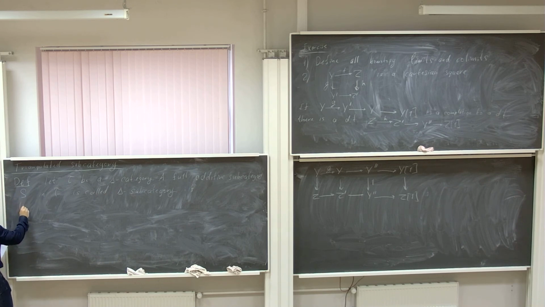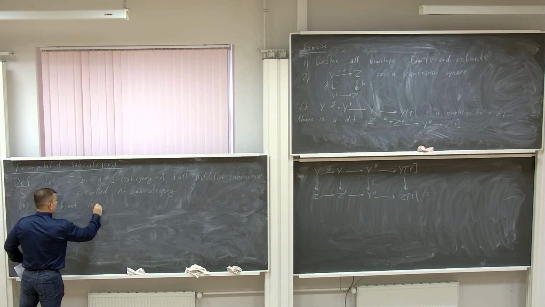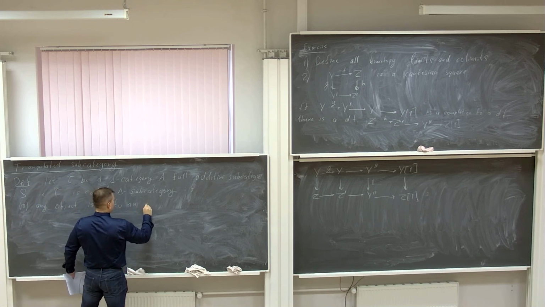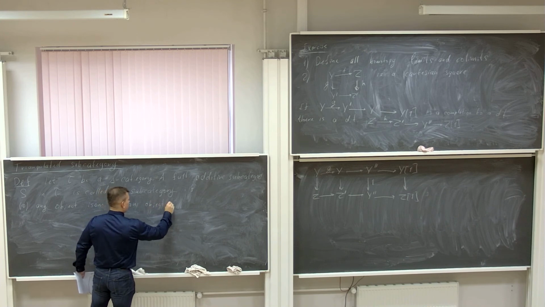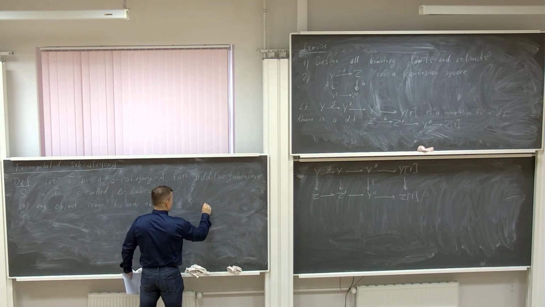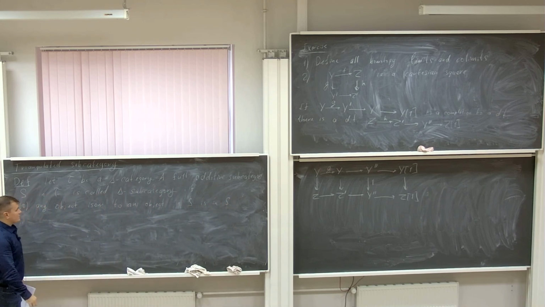So condition 0: if any object isomorphic to an object in S is in S. So it is closed under isomorphisms.